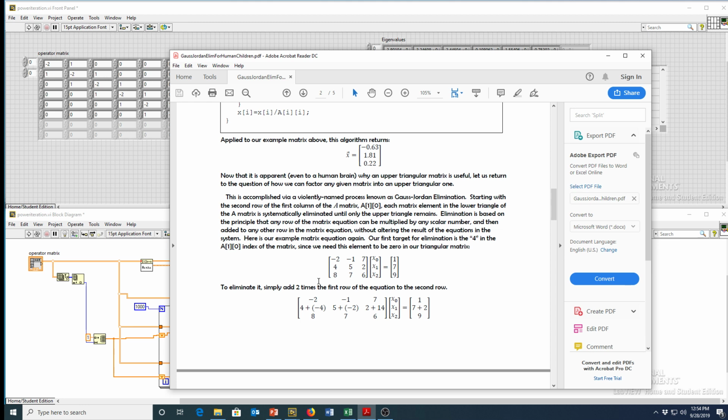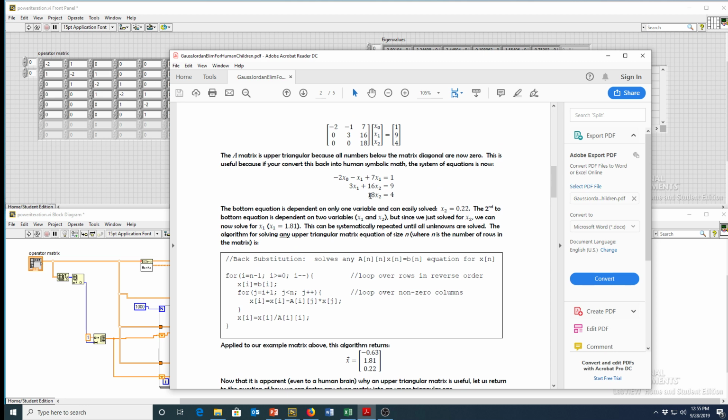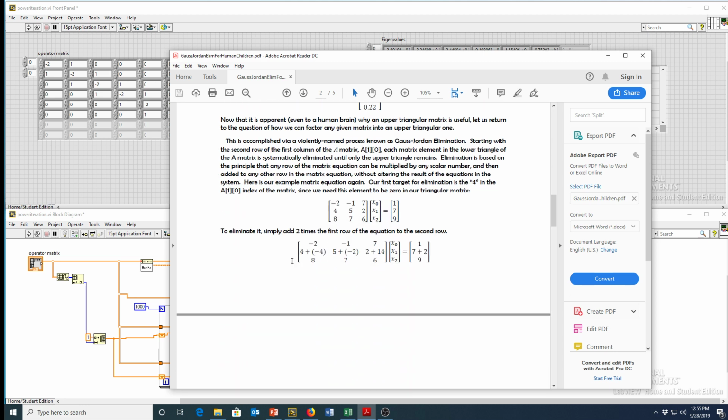It says that you can add any row here in your matrix equation to any other row, which you can see how that works if you write it in its normal equation form. And also you can multiply any row by any number, which would work because you could multiply, for instance, both sides of this equation by 2 and it wouldn't change the resulting answer.